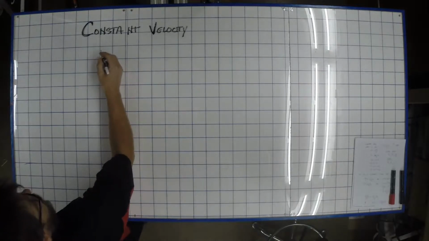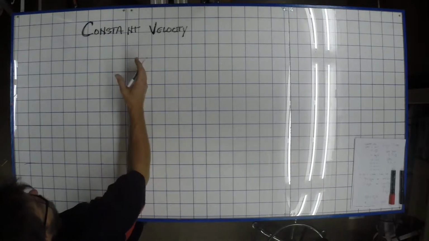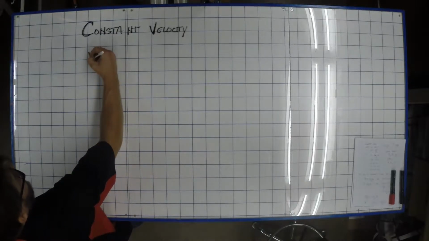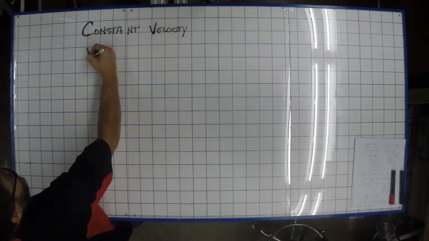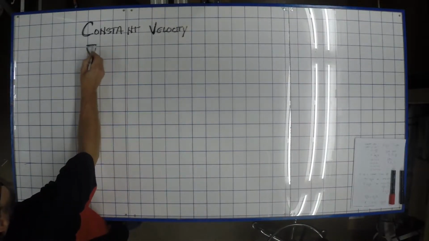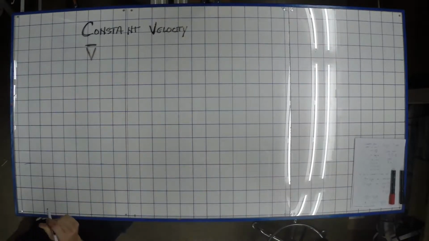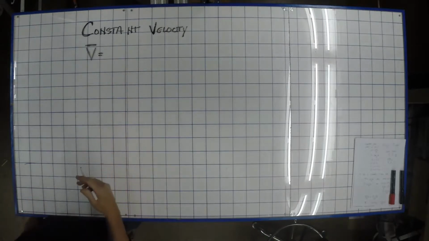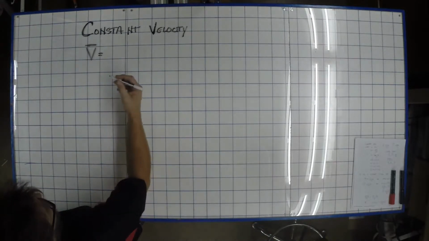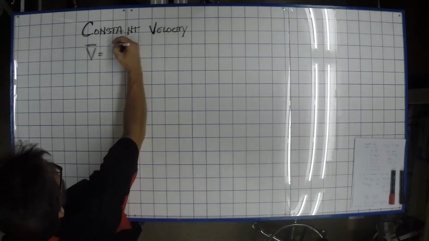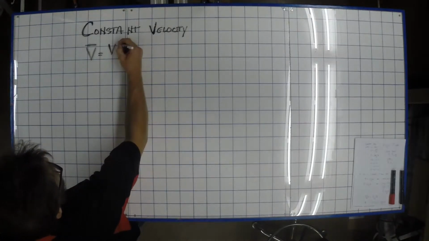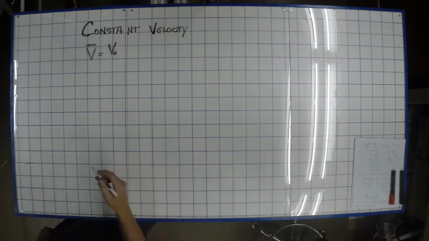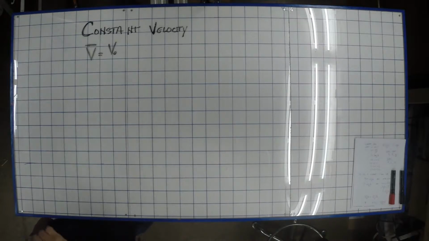But for now, 2 things can come out of that. One of them is this. Actually, the biggest one is this. If we want to know our average velocity, this bar here means average. It's not a vector symbol, it doesn't have an arrow, it means average. Since the change is consistent, if you want your average velocity and you know your initial velocity and your final velocity at some later time, then your average is literally the average of those 2 numbers.